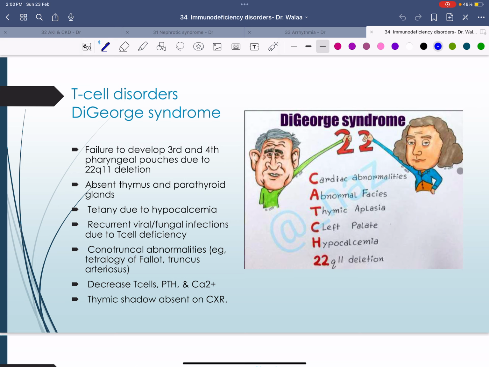Or they have abnormal facial features, developmental delay, intellectual disabilities, so they get evaluated for something else. As part of the evaluation, we found out they have a high risk of possibly having DiGeorge syndrome. Then we refer to an immunologist for follow-up, okay?